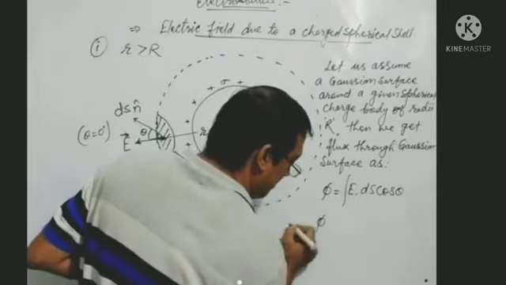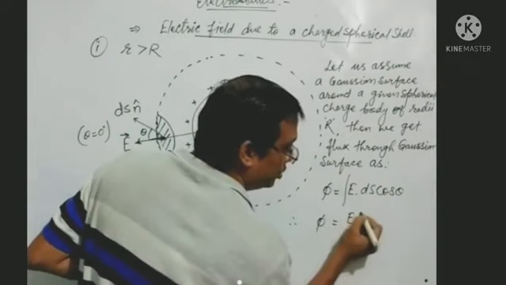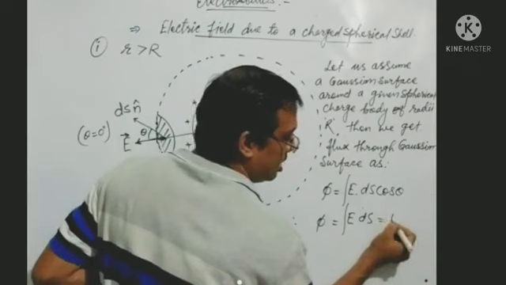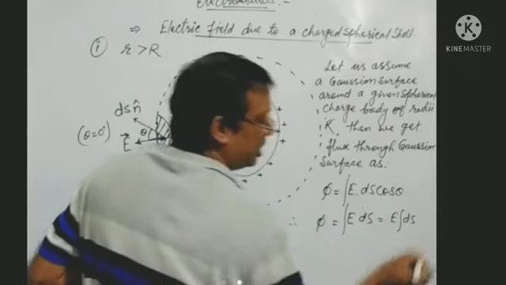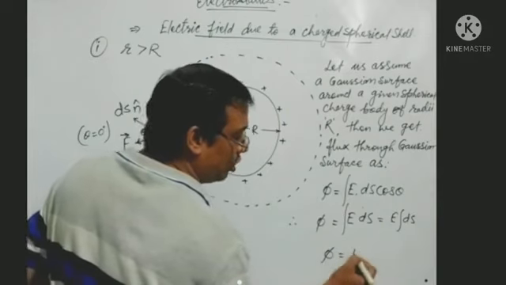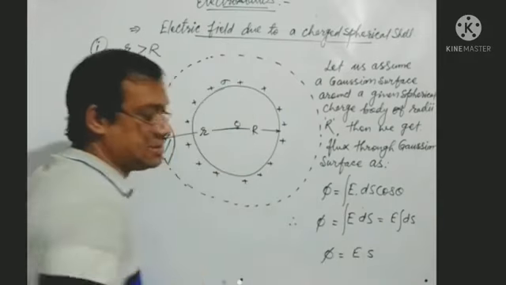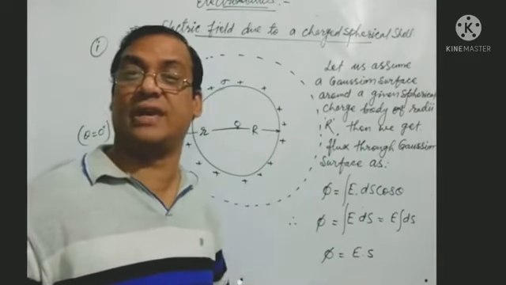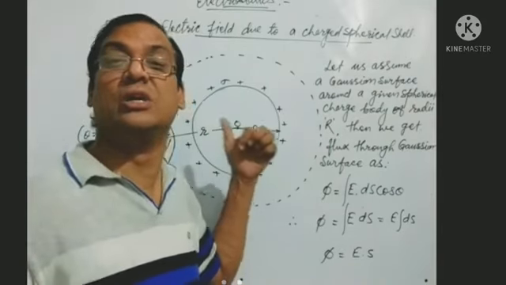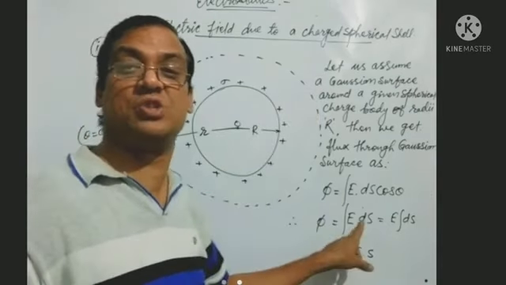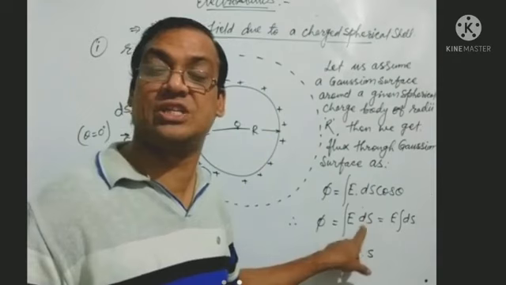So we have E into integration of ds, and finally phi equal to E into S. Students, you know that S is the surface area of the spherical body, which is the Gaussian surface, because we have considered this one as the Gaussian surface.